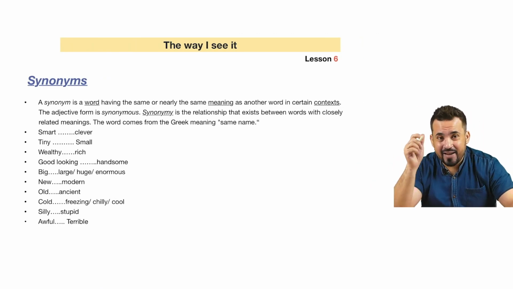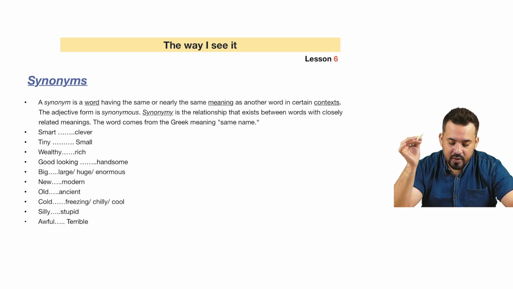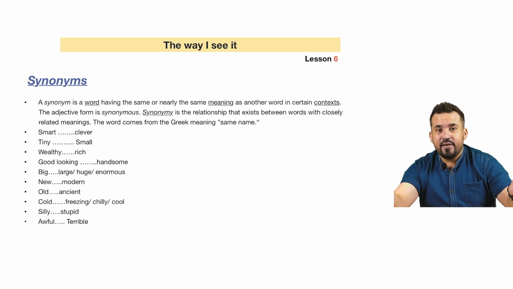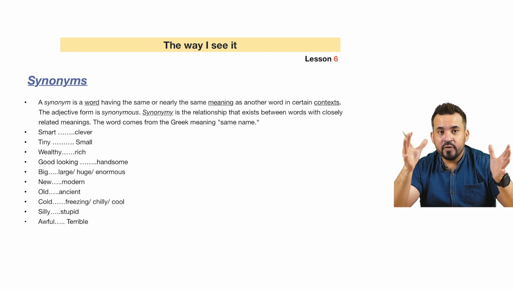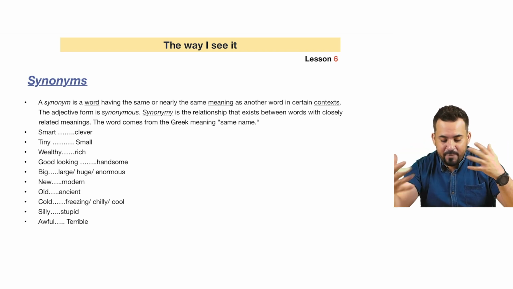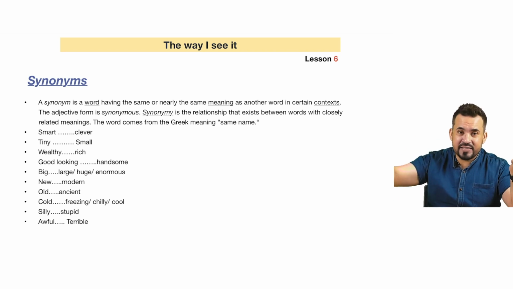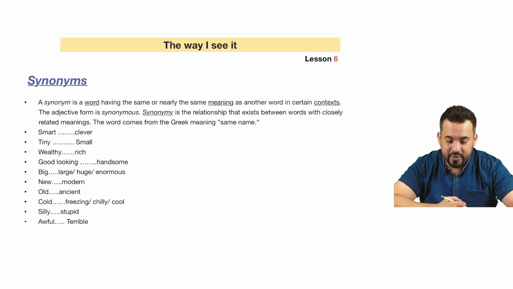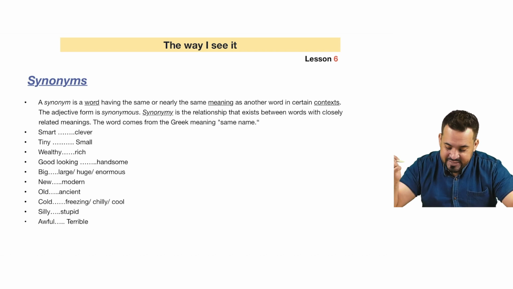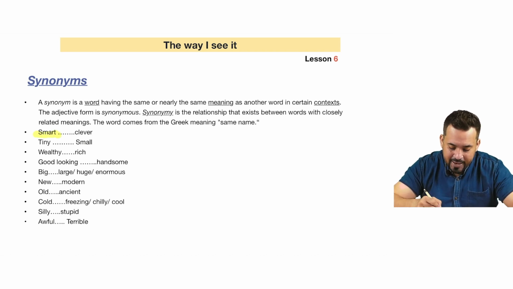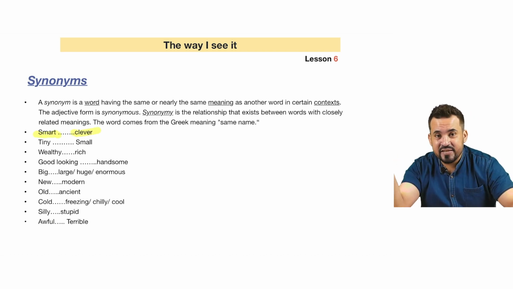All right, now let's take a look at synonyms. What is a synonym? A synonym is a word that has the same meaning or nearly the same meaning but uses different vocabulary. Like for example, smart, clever. There's a synonym.